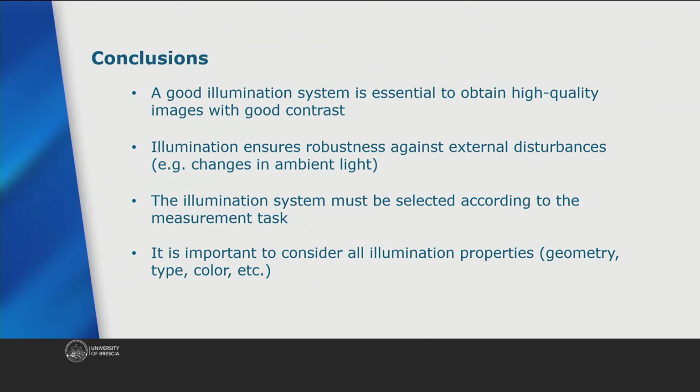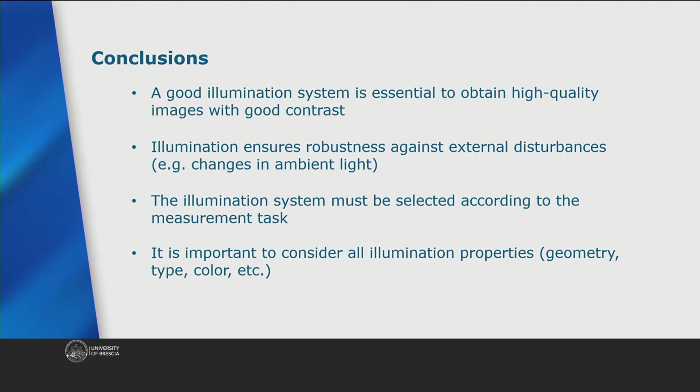Let's now summarize everything we've discussed. A good lighting system is essential for getting good images, meaning images with excellent contrast and a high difference between light and dark tones. The lighting system ensures robustness against external disturbances, such as changes in brightness, for example. This way, I can be sure that the contrast always remains consistent.